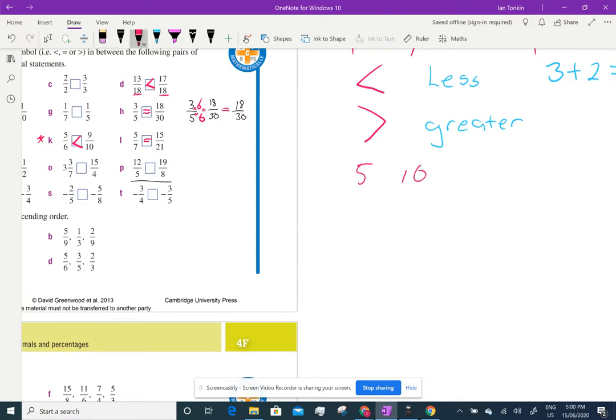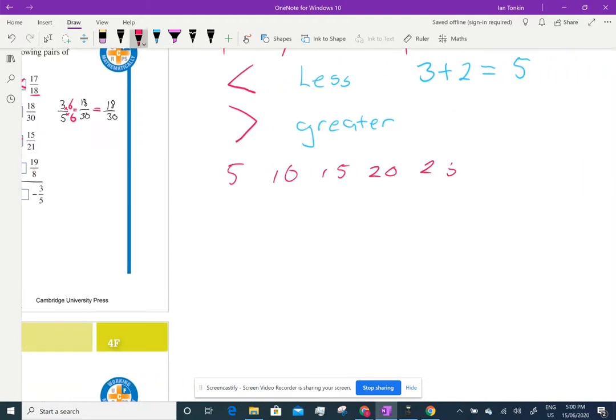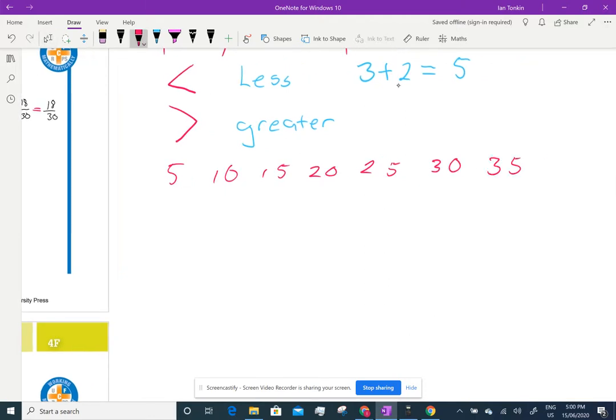So 5, 10, 15, 20, 25, 30, 35, 40. And I'm going to stop at 40 because I know 5 eighths are 40. 8, 16, 24, 32, 38.